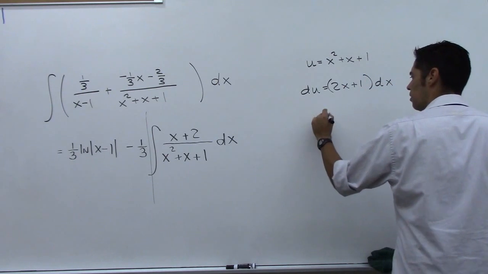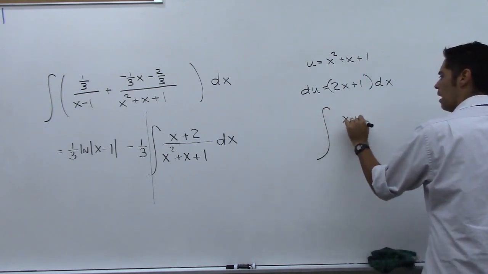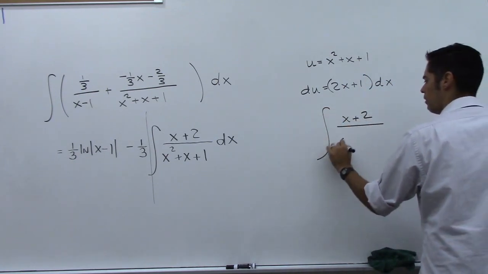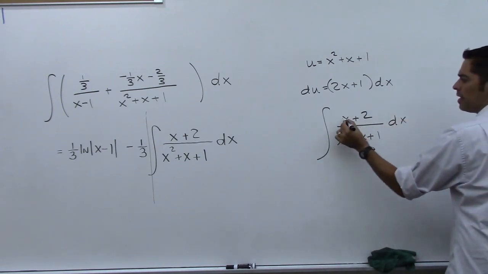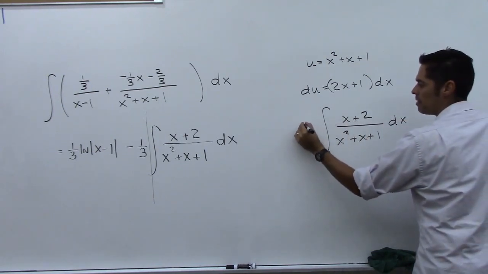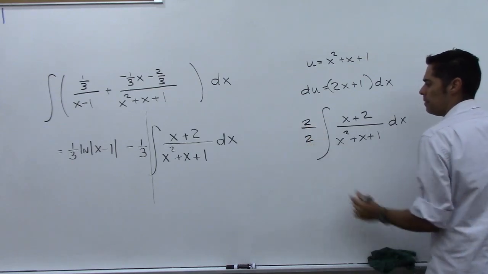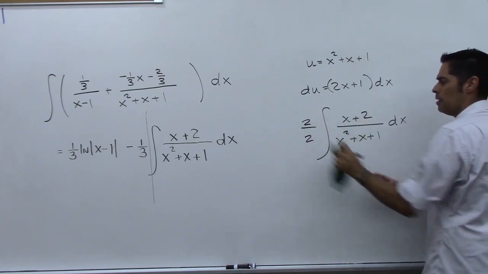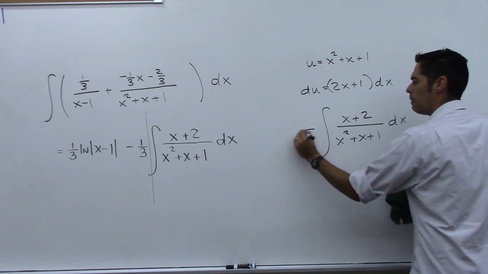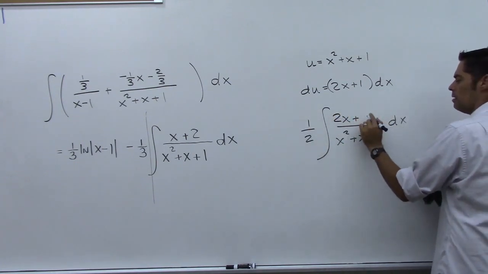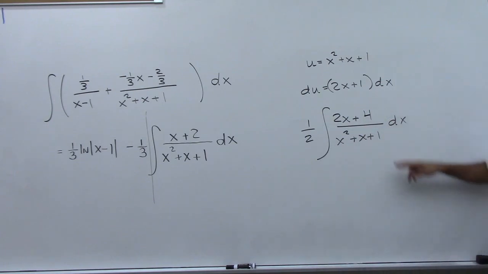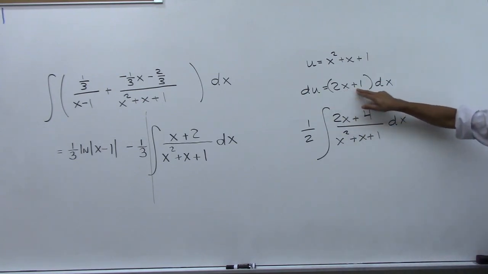I'm just going to work with that. I'm going to take this integral, x plus 2 over x squared plus x plus 1. I'm going to force that to be a 2, so I multiply by 2 on the top, 2 on the bottom, and then I pass the 2 through. So when I pass the 2 through, it becomes a 2 here, and then 2 times 2, that gives me a 4. So far I've got the 2x taken care of. I need plus 1.